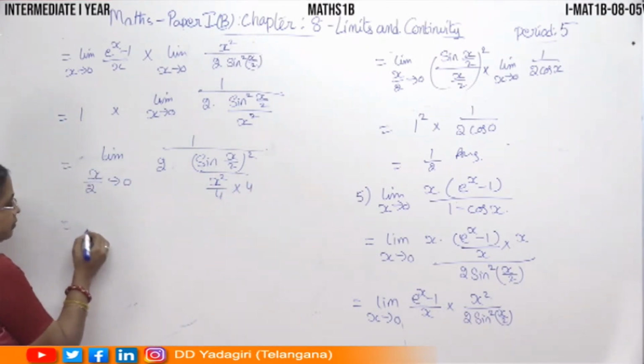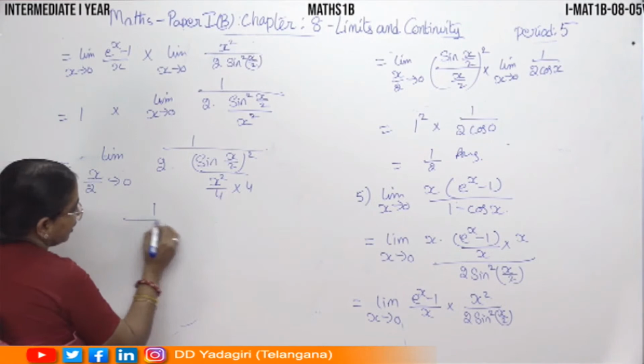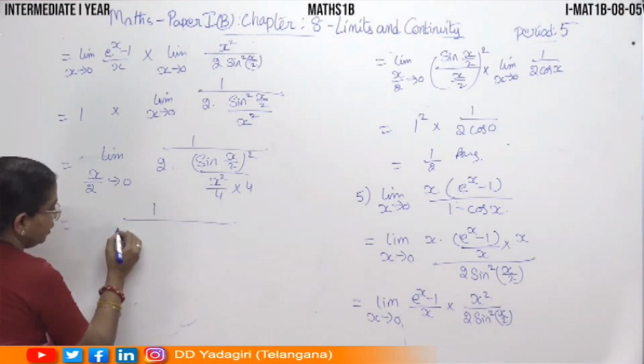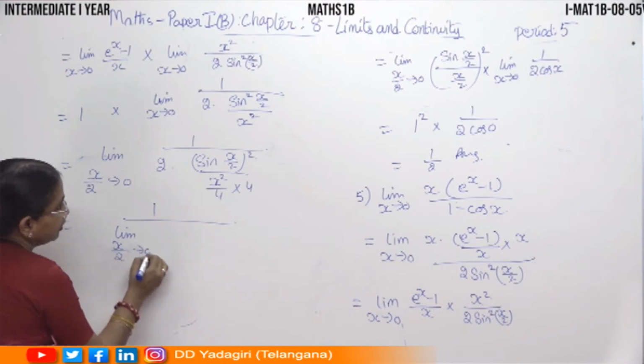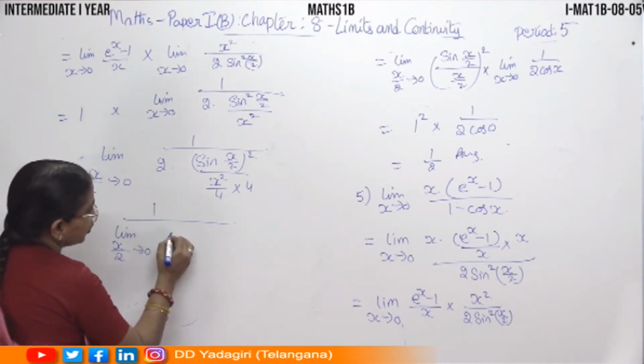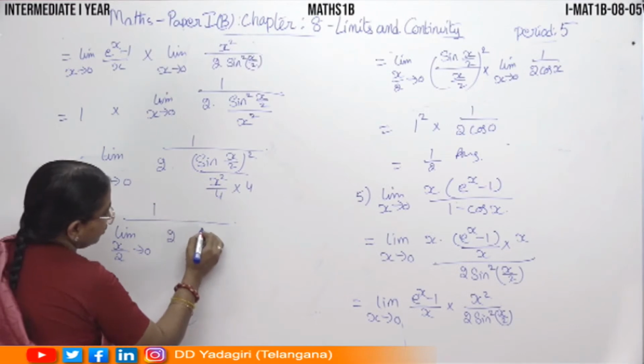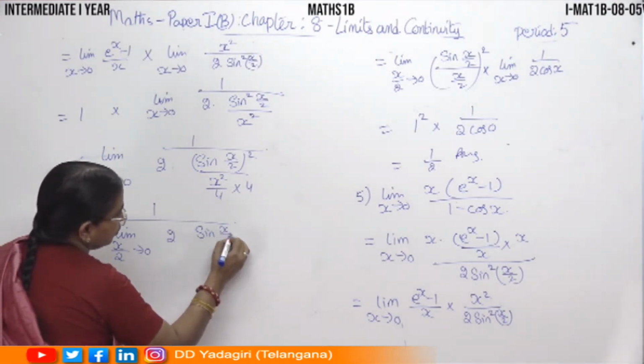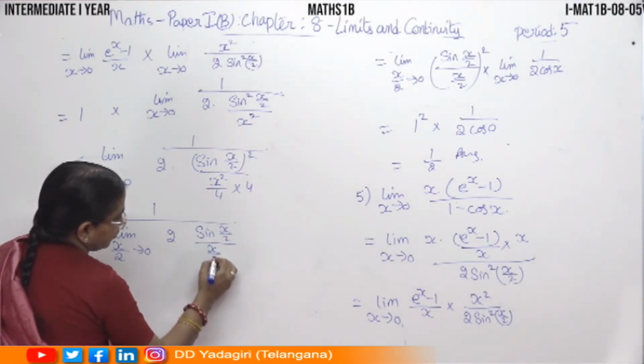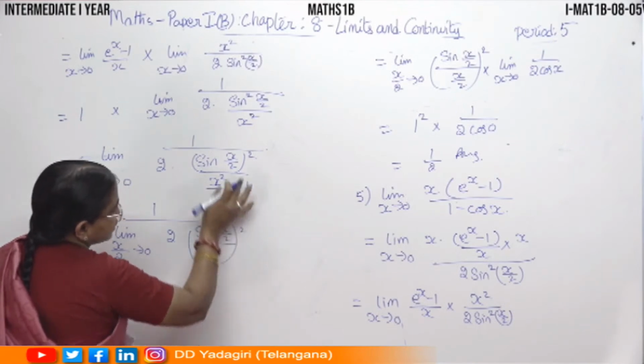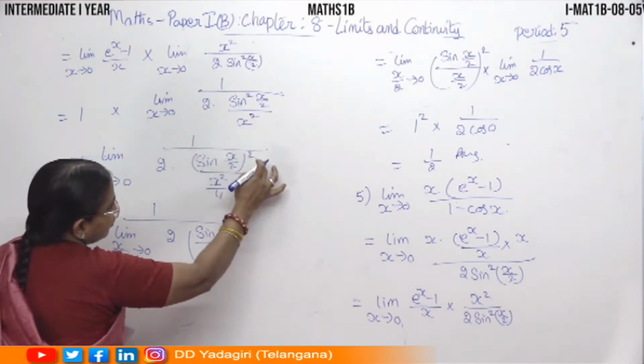So, that it becomes 1 by, I can write this limit down here. So, limit x by 2 tending to 0 of 1 by 2 into sin x by 2 by x by 2 whole square into 1 by 4.